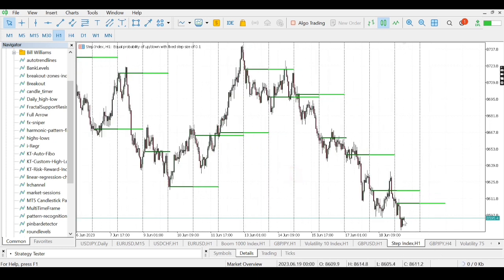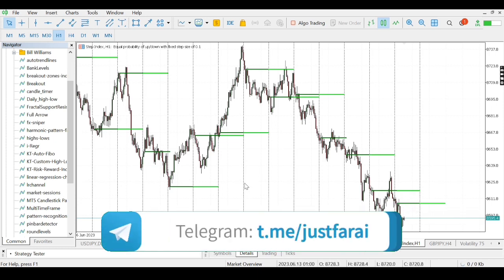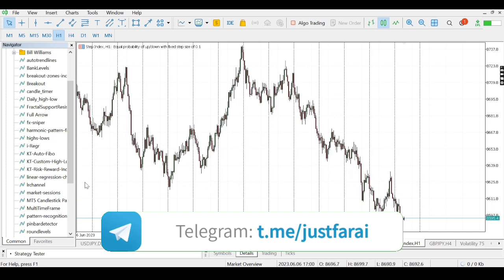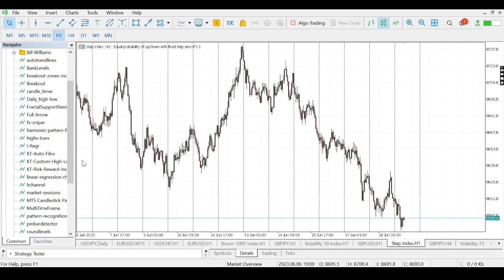So you may use this one. As for step index, you may find that it may come back to here to take out this liquidity here. So this is all about this indicator that detects these bank levels. And I don't quite use this lower right here and there because I use BTM, right?